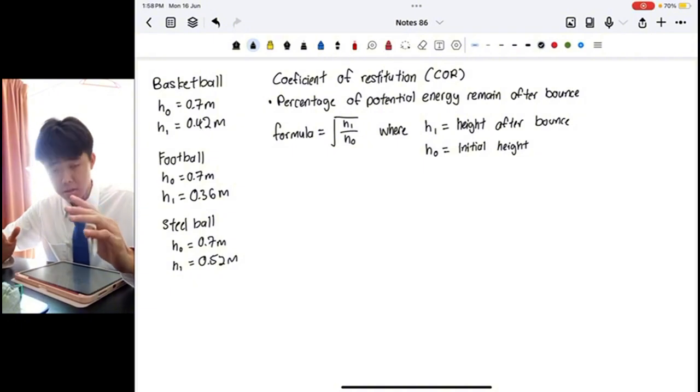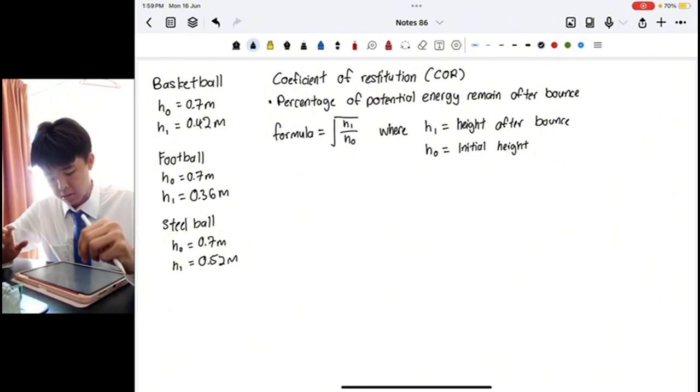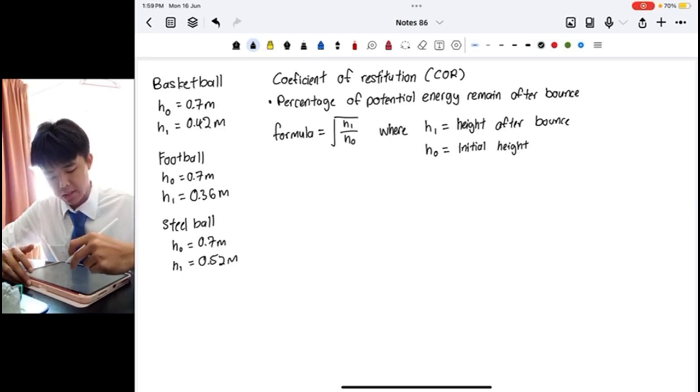So, the coefficient of restitution is basically the percentage of potential energy remaining after the bounce. And the formula for it is square root of h1 over h0, where h1 is the height after bounce and h0 is the initial height.